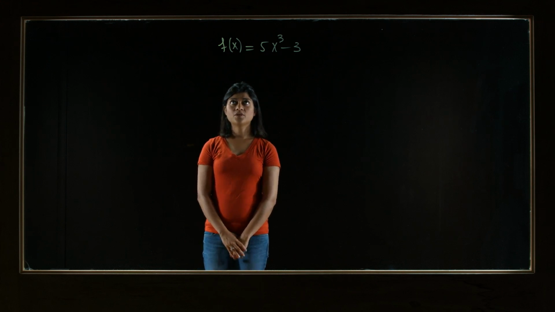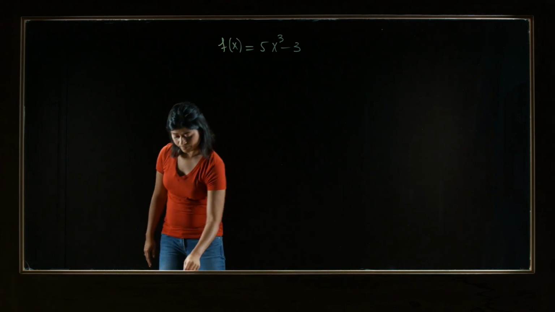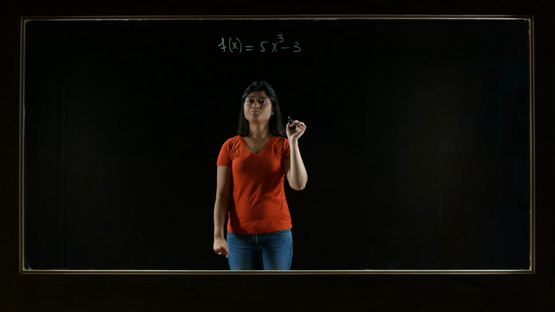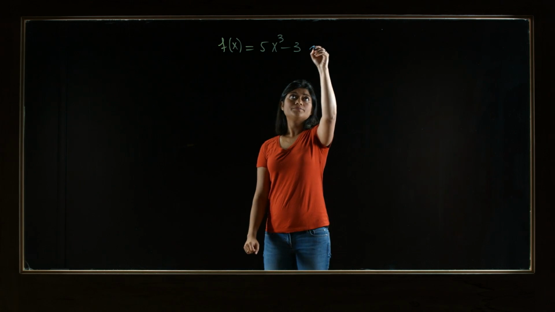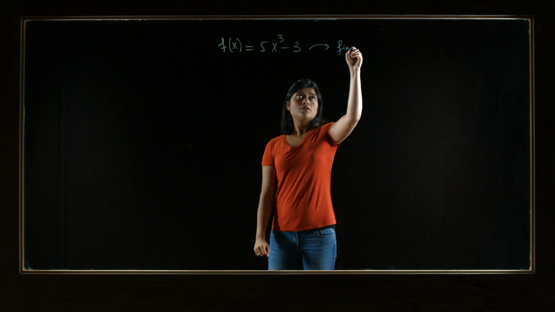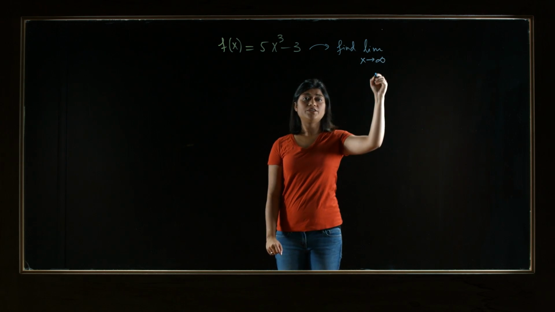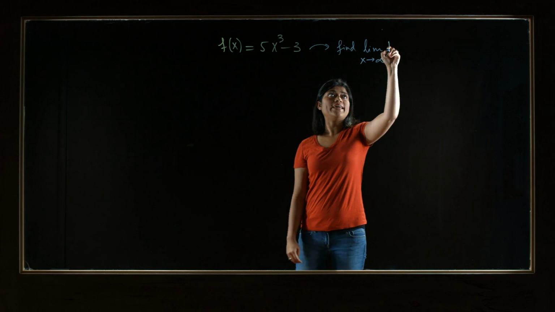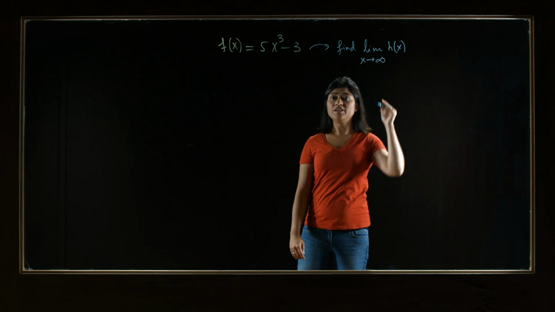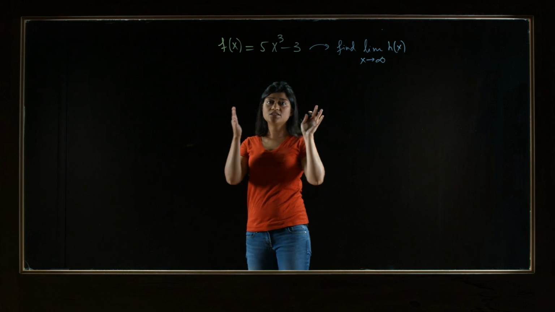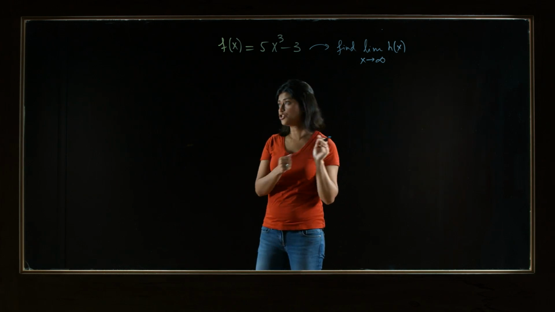In this problem, we have a function f, and it is 5x cubed minus 3. We have to find the limit as x approaches infinity of a different function h of x, if possible. And what is h? There are three different expressions for h.